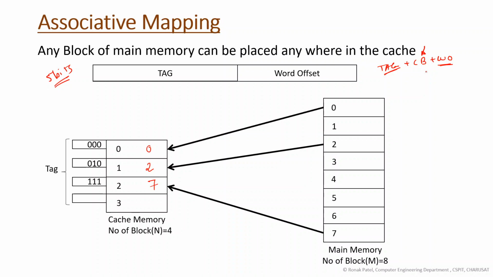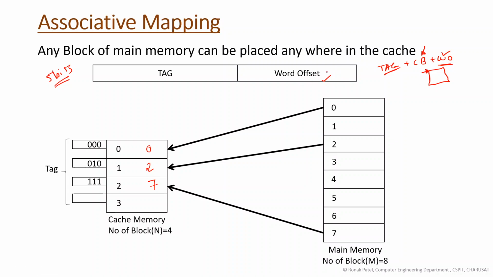If that block is located, then which word in that block is indicated by the word offset. Obviously in this case also we require the word offset, because after locating the block we require which word.